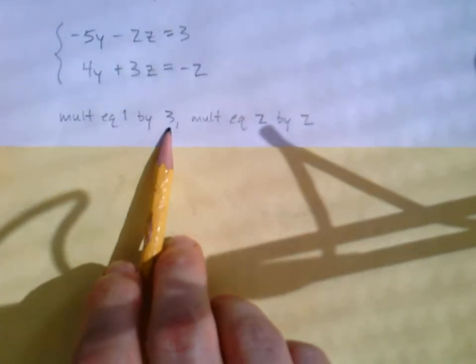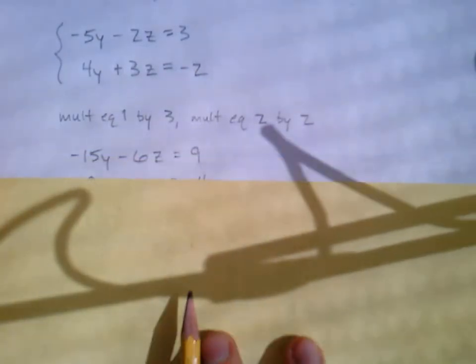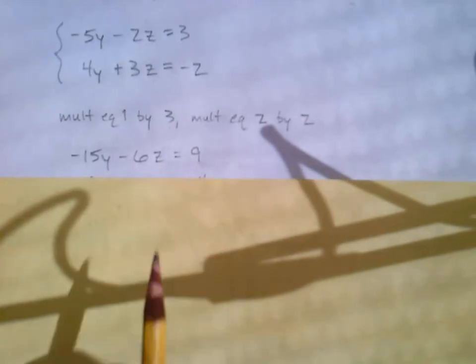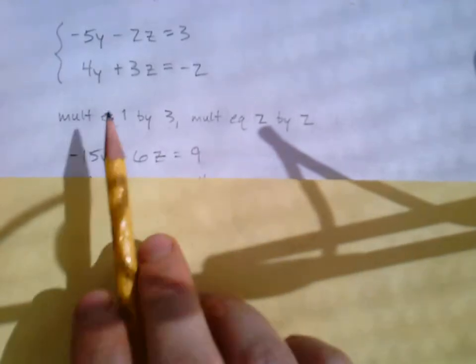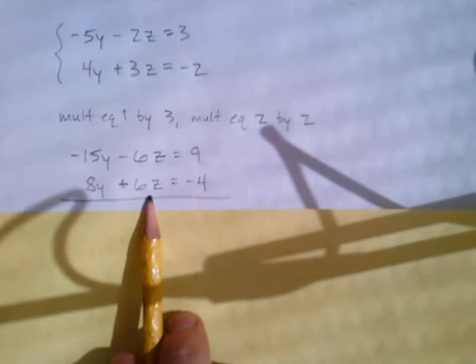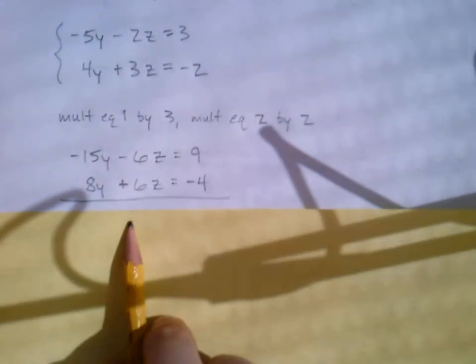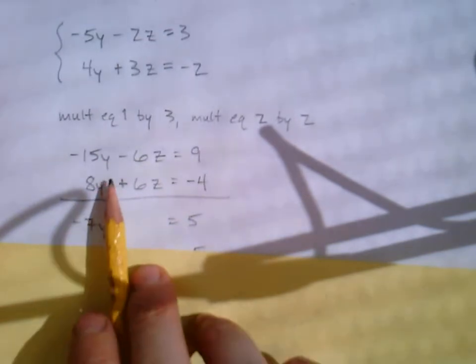When that 3 goes to all three parts of the first equation, I've got negative 15y minus 6z equals 9. Multiply equation 2 by 2. That gives me 8y plus 6z equals negative 4. And perfect. When I add, the z's will be gone. What else do I get?